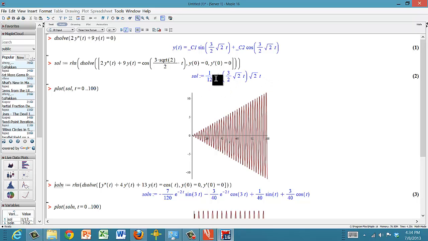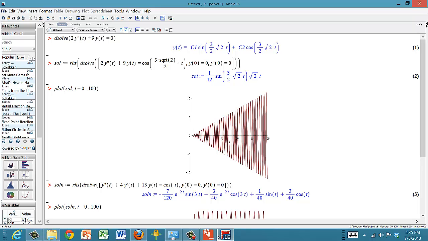Instead of a term involving sine 3 root 2 over 2t and a term coming from the forcing function, now we have something involving a t times the sine function, and the t is what's giving us this growth in our solution. So if you were to force an undamped system at this natural frequency, you would observe an unbounded growth in the displacement of the object from equilibrium.